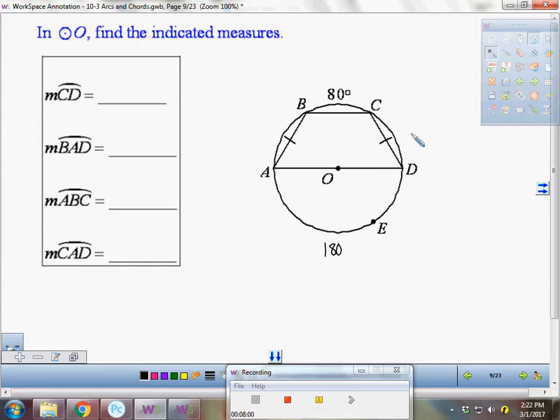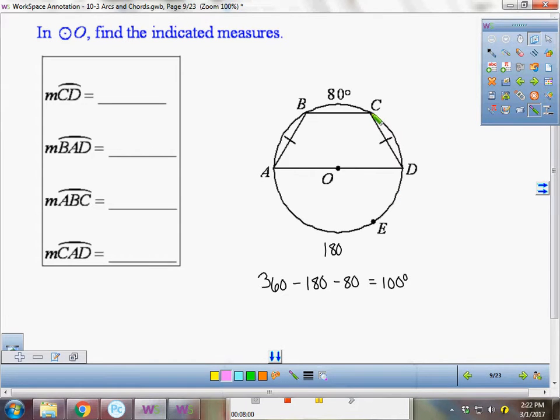So if you think about it, if I take 360 and I subtract 180 and then I subtract 80, that gives me 100 degrees. So there's 100 degrees left over for this part right here and this part right here.